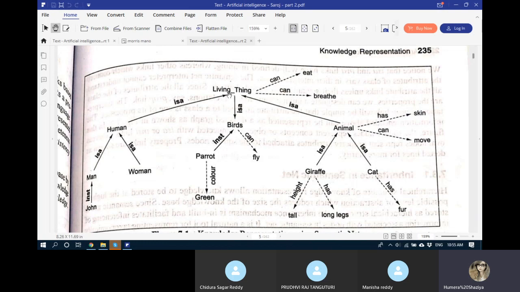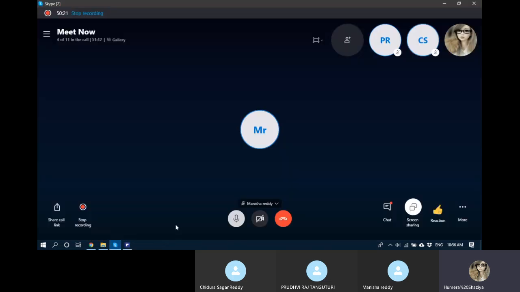And living thing has three types in this knowledge. So human is a living thing, birds is a living thing, animal is a living thing. So this is a living thing example.